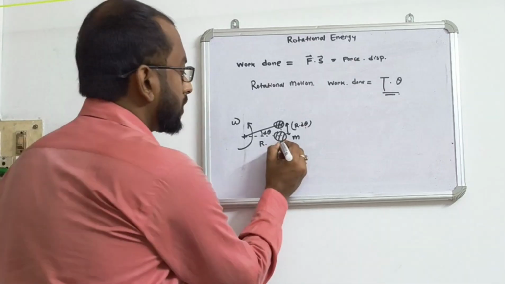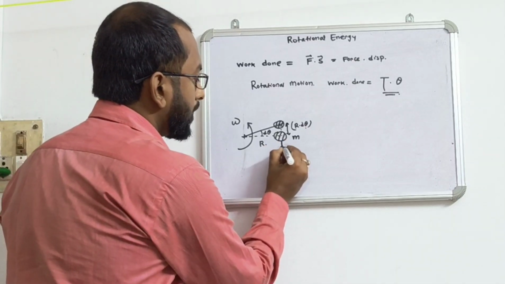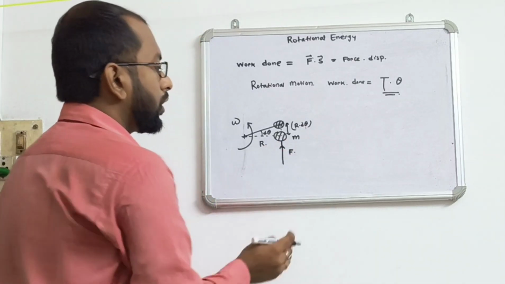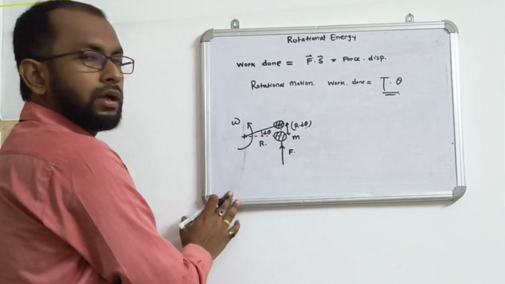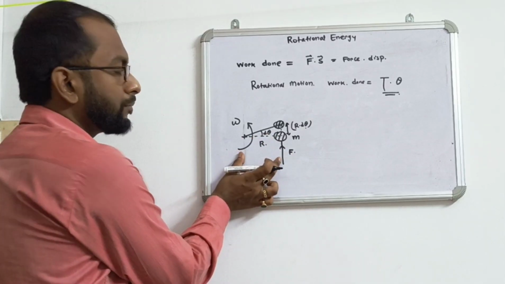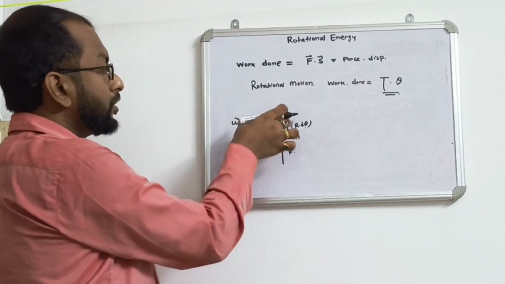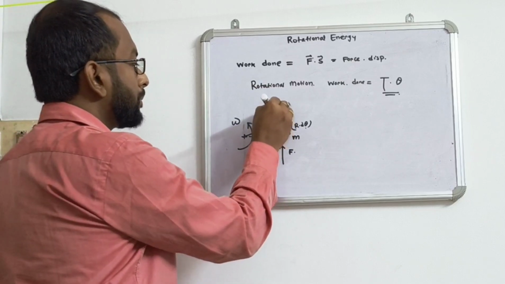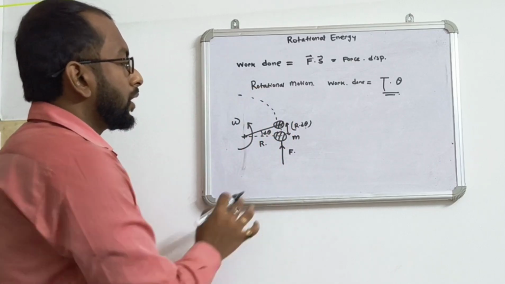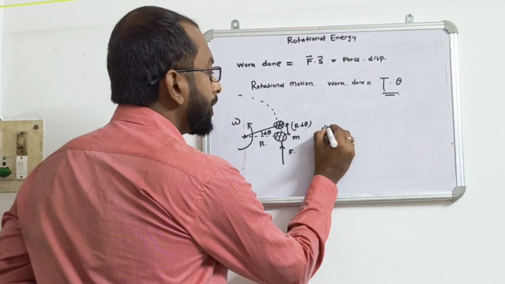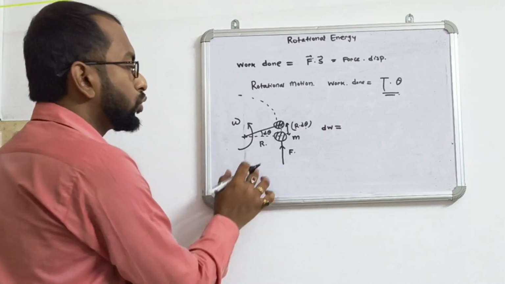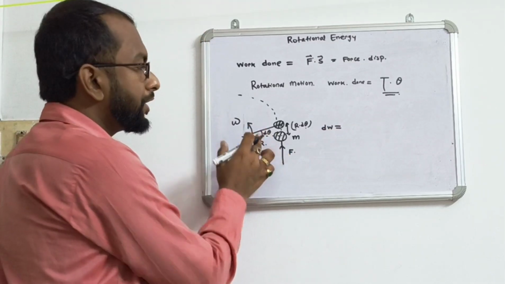Now suppose I am applying F force on this mass at a distance r from the axis of rotation. It is purely rotational motion. It is completely rotating. Now what is going to be the small work dW to rotate it by small angle d theta?